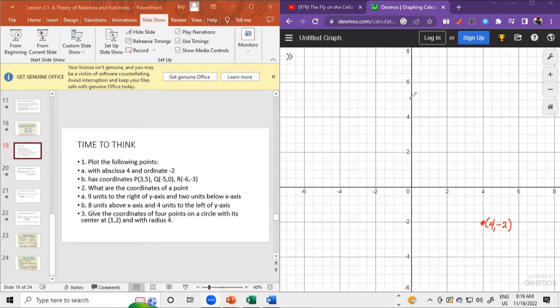Positive 4, 5. So ito ngayon ang ating point P. Yan, sa point P, ang coordinates niya ay 3, 5.